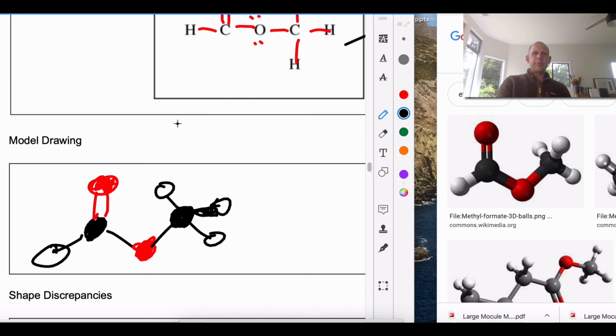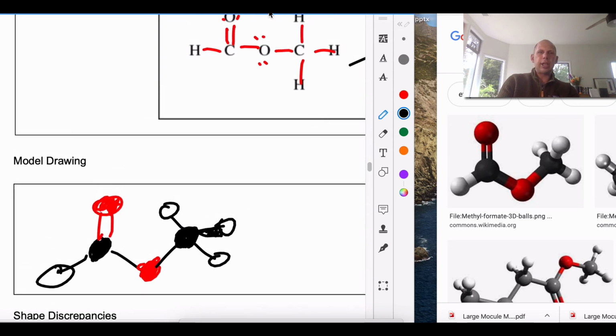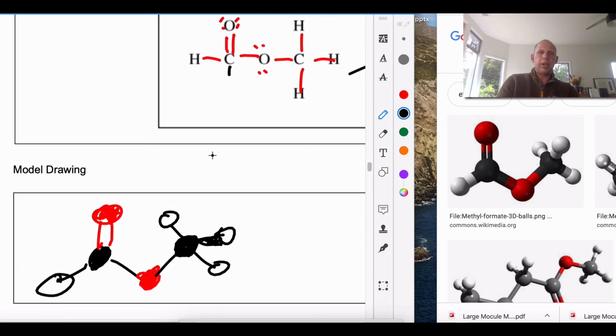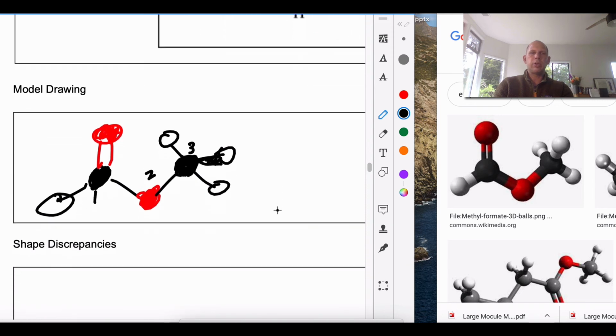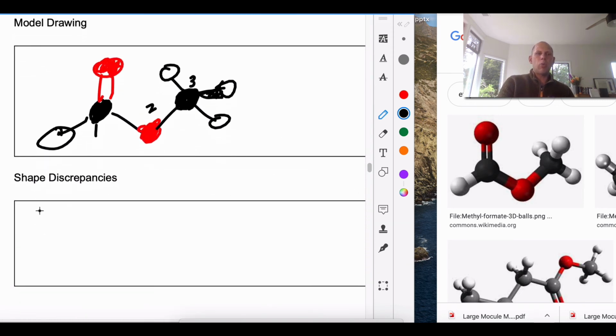So that's my model drawing, and what's my shape discrepancy? Well, what I can do is I can label these. Okay, that's 1, and that's 1, and that's 2, and that's 2, and that right there is 3, and that's 3. I don't need to label any of the exterior hydrogens. There's no shape there. They're not central. So I can say, okay, 1 is really, what's the shape here?